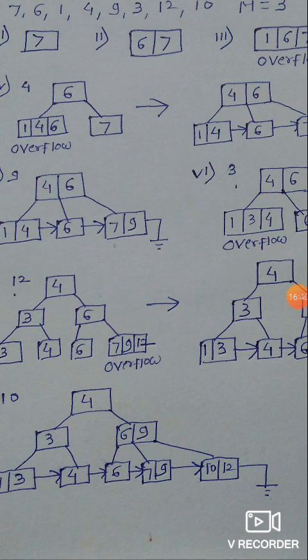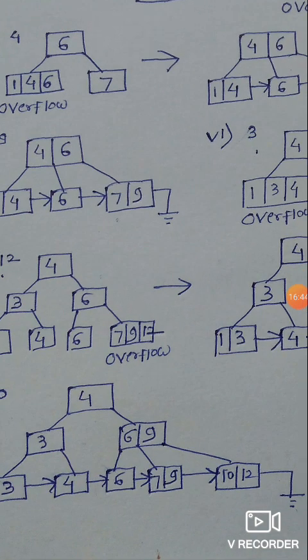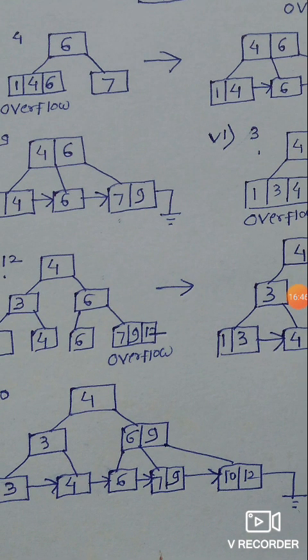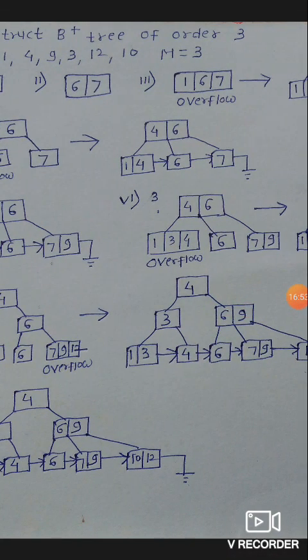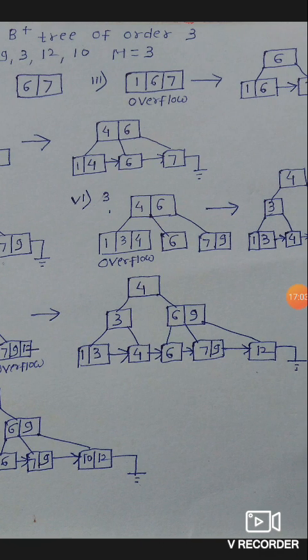There is overflow because the capacity of each node is 2, but there are 3 keys, therefore I shift 9 to its upper node. So the tree becomes like this: 6 comma 9, left of 6 becomes 6 as it is, right of 6 becomes 7 comma 9, and right of 9 becomes 12.